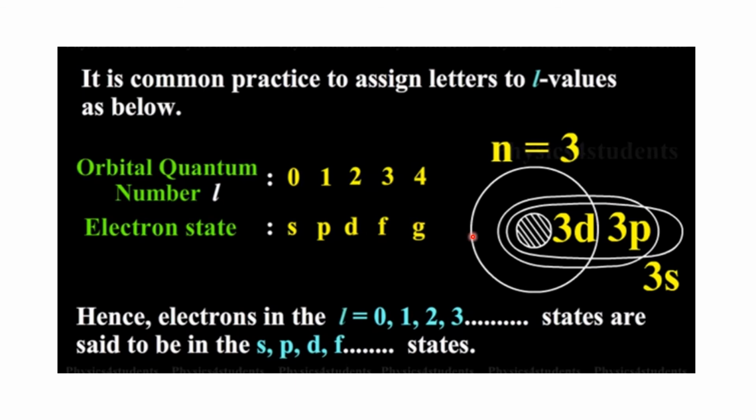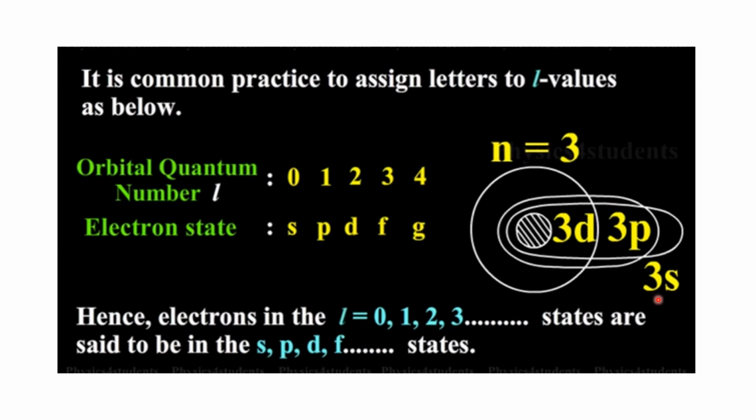So here you can see that if an electron is in the third orbit, that is n is equal to 3, the principal quantum number n is equal to 3, then the possible L values are from 0 to n minus 1. So first L is equal to 0, that is 3s, since it is in the third orbit.